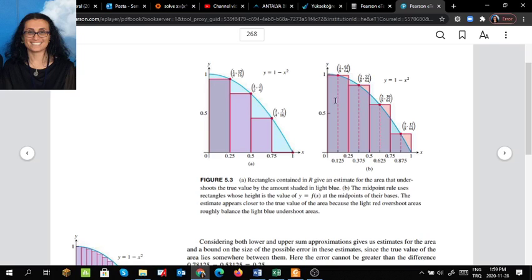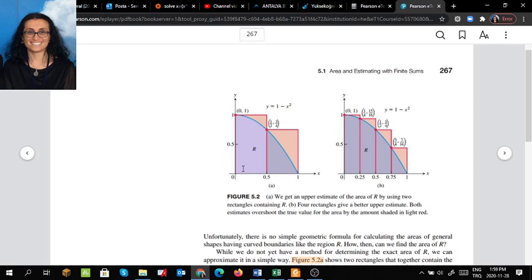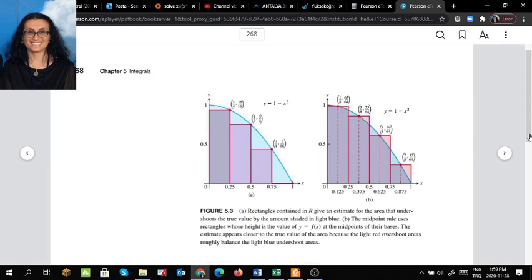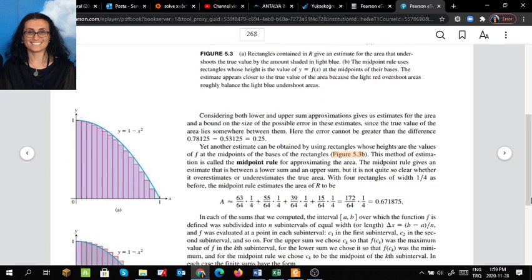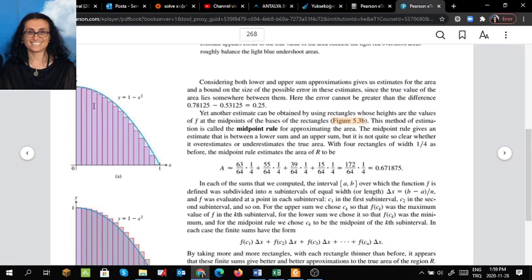And then this is the midpoint rule, the one on the right, and we have another one which we had just seen on the previous page, which approximates areas in a way that the excess area is outside the rectangles. Okay, so let's go down. They are talking about the midpoint rule here. Do you see that? We are going to talk about that too.